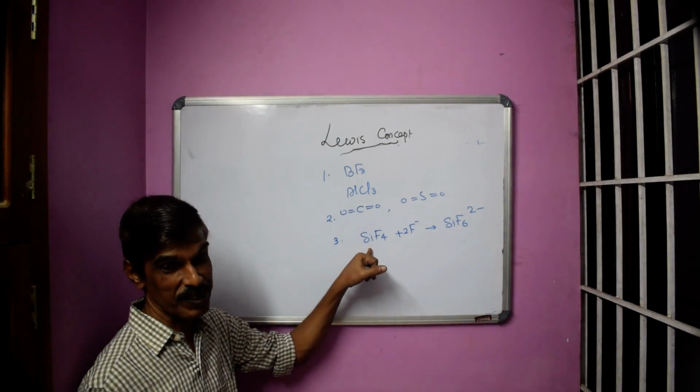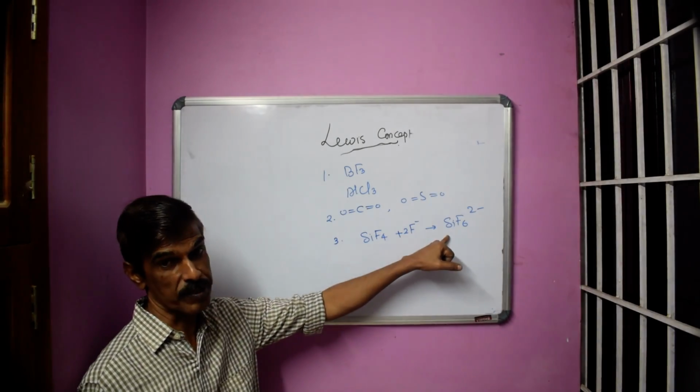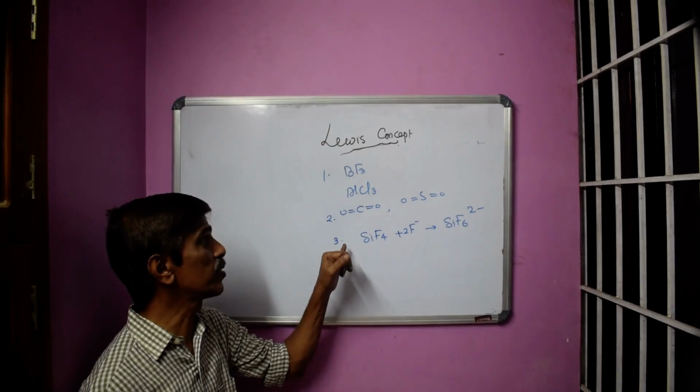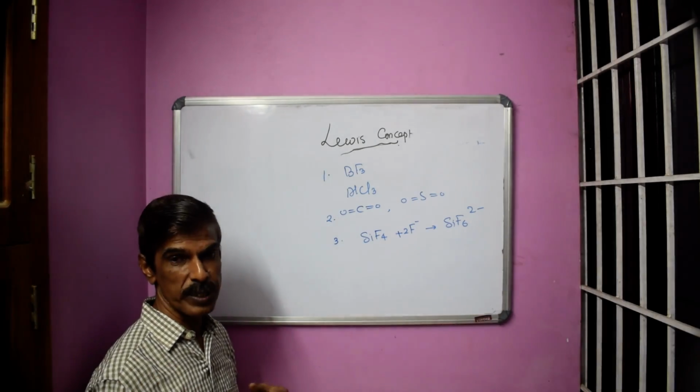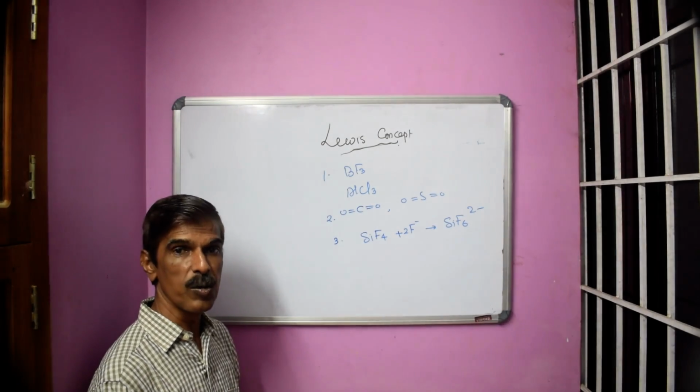SiF4 shortage of octet ഇല്ലെങ്കിലും അത് എക്സ്പാൻഡ് ചെയ്യുന്നതാണ്, SiF6 ആയി മാറും. അപ്പോൾ different types of molecules can act as Lewis acids. ഇലക്ട്രോൺ പെയർ ഏതെങ്കിലും വിധത്തിൽ അക്സെപ്റ്റ് ചെയ്താൽ അവൻ Lewis acid ആണ്.